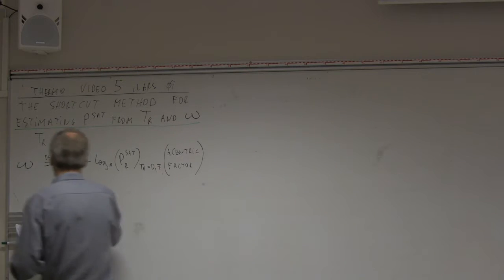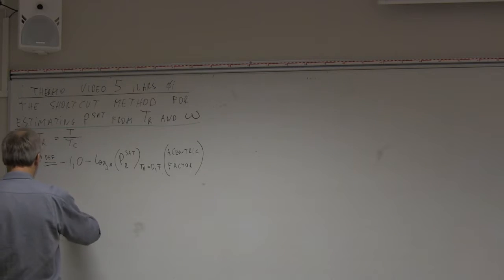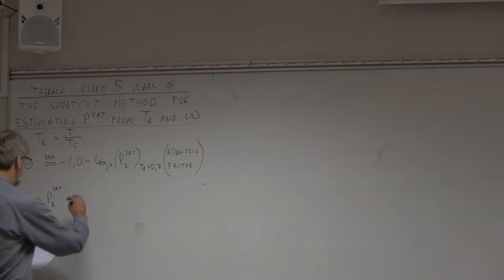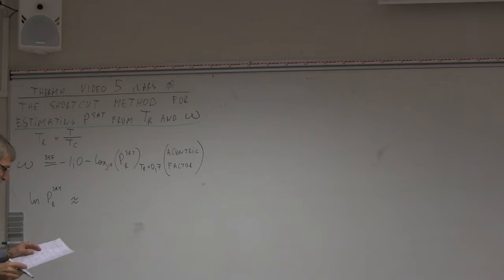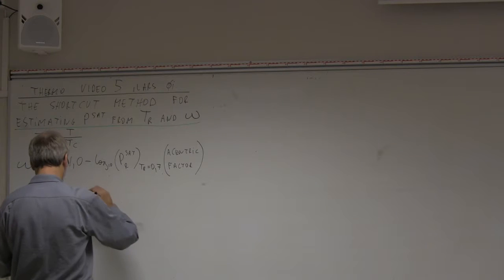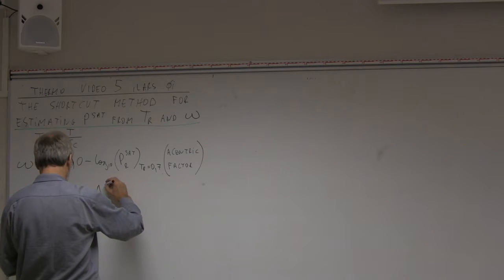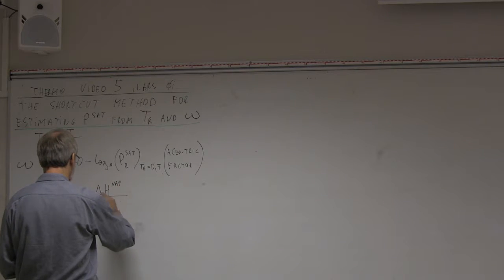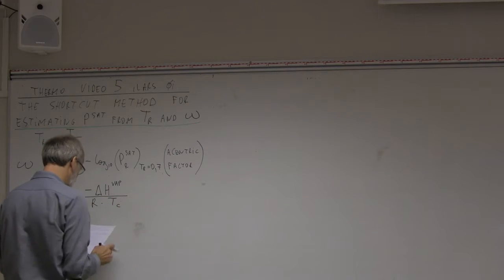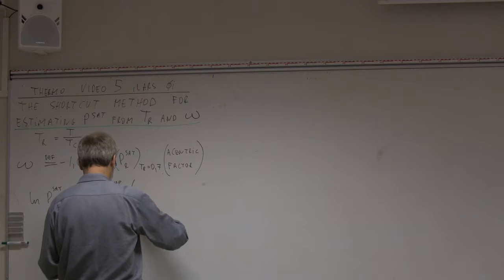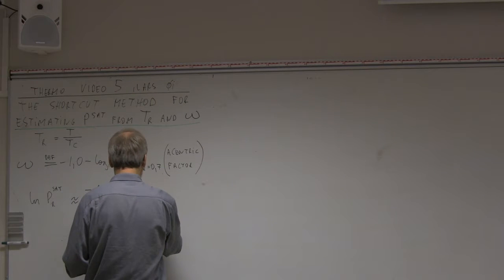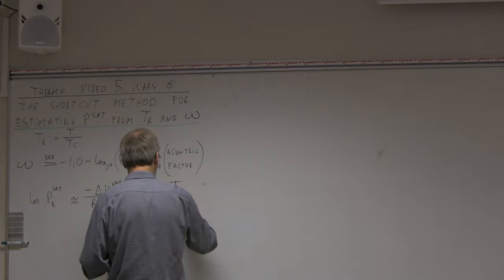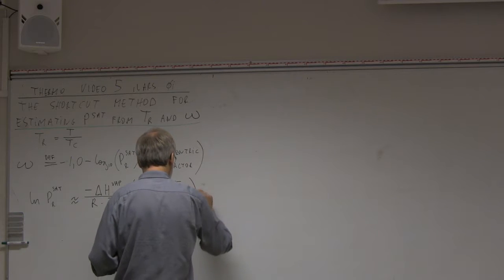And then we base this on an equation that the logarithm of the partial pressure is minus the vaporization enthalpy divided by R and Tc, of T minus Tc over Tc.